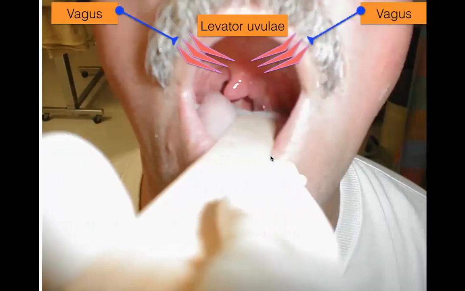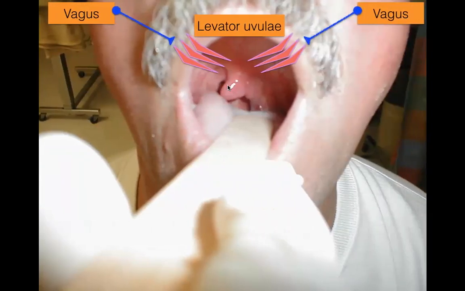So let's take a look at the soft palate and the uvula. The uvula is actually lifted up by 2 skeletal muscles. This is called the levator uvulae, which is under the innervation of the vagus nerve.